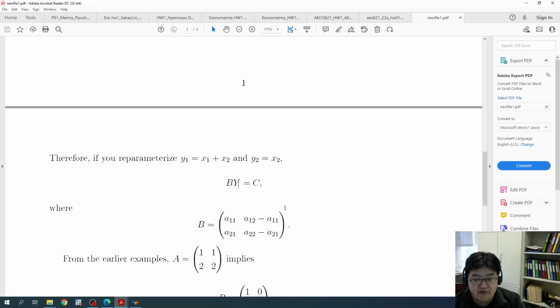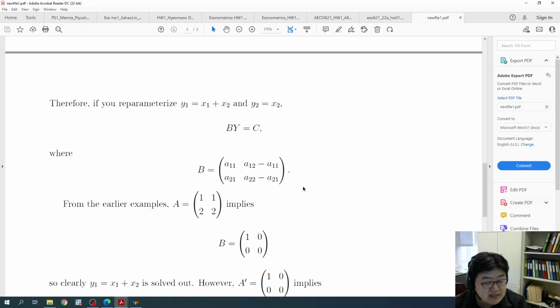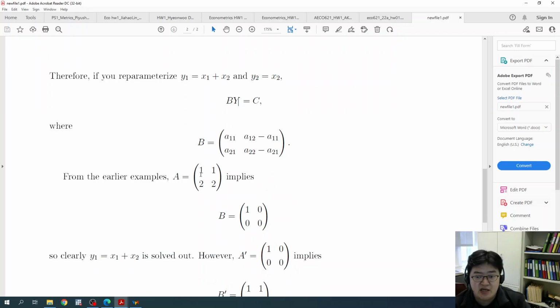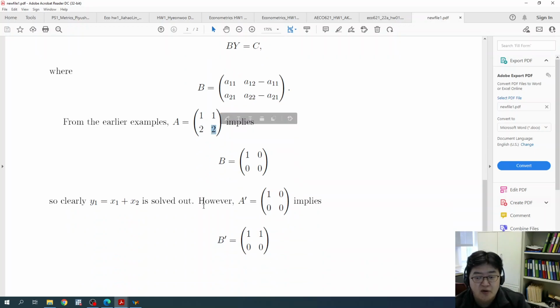It's a simple reparameterization. And from here, let's see what happens. If you have 1, 1, 0, 0, then after the reparameterization, it becomes 1, 0, 0, 0. But the other one becomes 1, 1, 0, 0. So the roles have been changed.